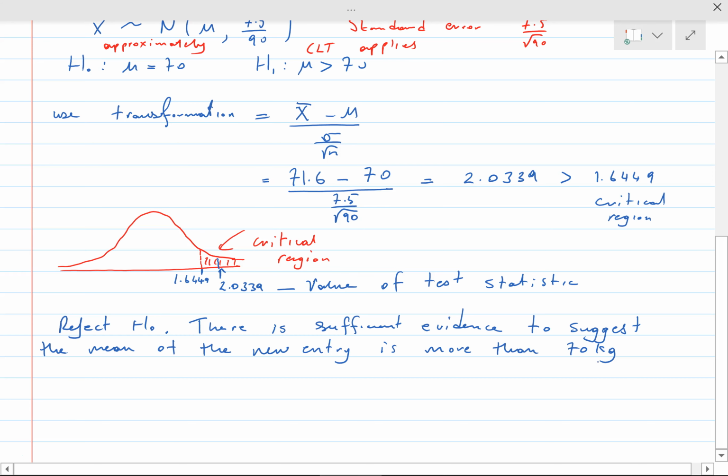And that is basically the answer to the question. I notice some teachers get their students to state the significance level in here. Strictly speaking, you should, but looking at mark schemes on all the major exam boards, they don't seem to require it, so I haven't written it here. But anyway, that's that for that part question.